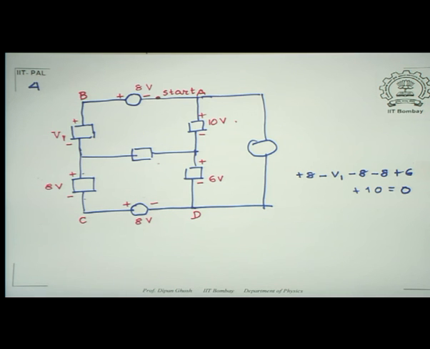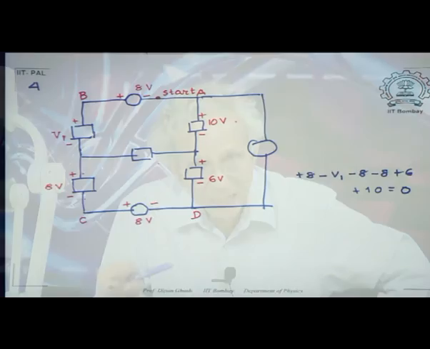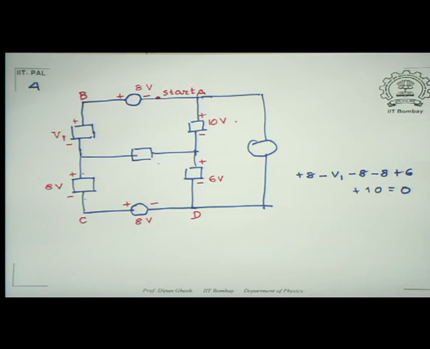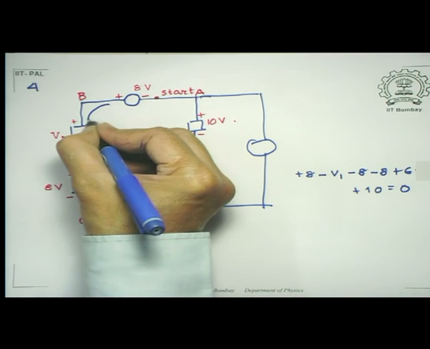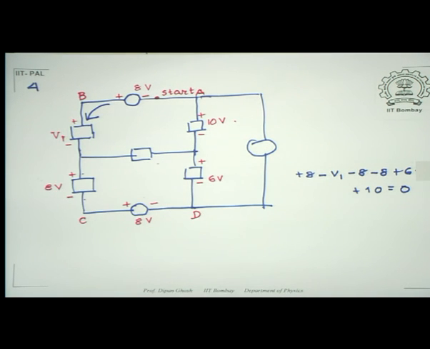If it's a battery, then the rise in the potential is when I go from its negative terminal to the positive terminal. If the element there happens to be a resistance, then in the direction in which I am going, in this case I had decided to go like this, that is the assumed direction of the current, then there is a potential drop as I go through a resistance.